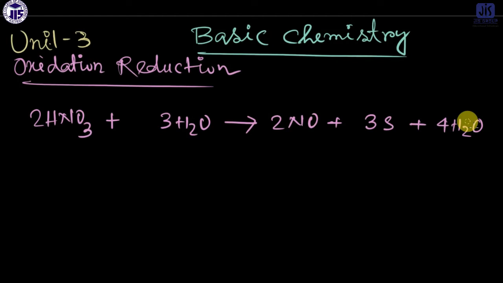Now if I write down the oxidation number of each case, the oxidation number of nitrogen is +5, the oxidation number of sulfur in H2S is -2, then nitrogen in NO is +2, and sulfur is 0 as a free atom.